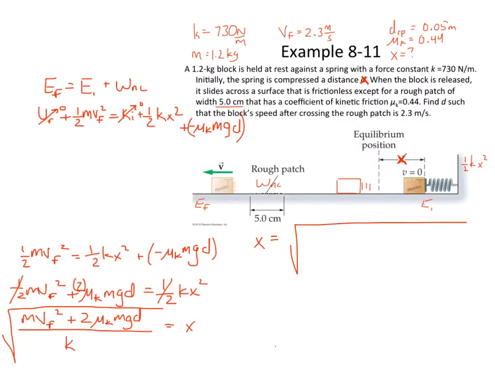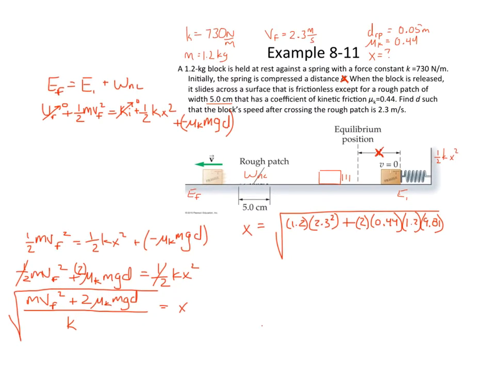So the mass is 1.2. 1.2 times the final velocity, that is 2.3 squared, plus 2 times our coefficient of kinetic friction, that's 0.44, times the mass, 1.2, times 9.81, times our distance of that rough patch, and that was 0.05 meters.